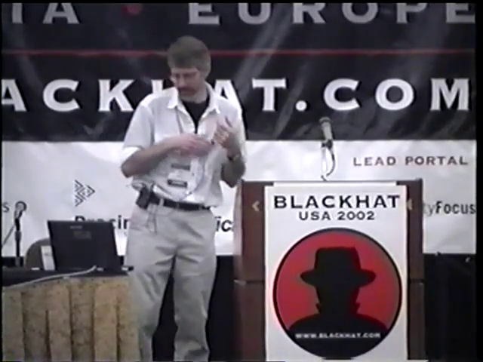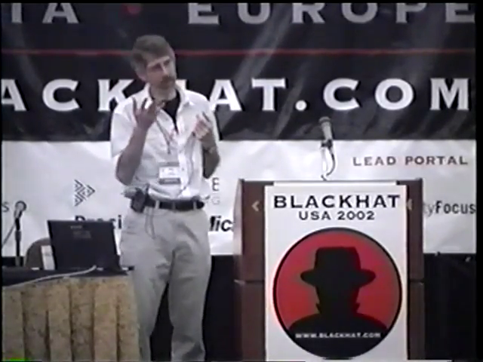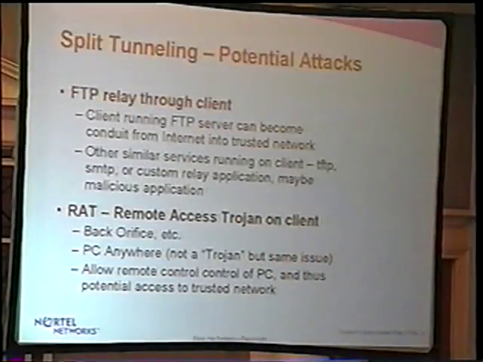So what are the attacks with split tunneling? One key approach is FTP relay through the client. If you've got a client that's able to talk both to the internet and to a corporate network or a trusted network, then it can become a relay for various kinds of attacks.